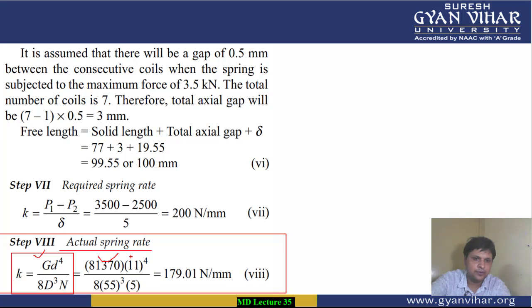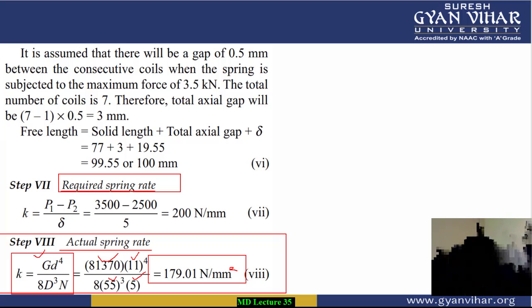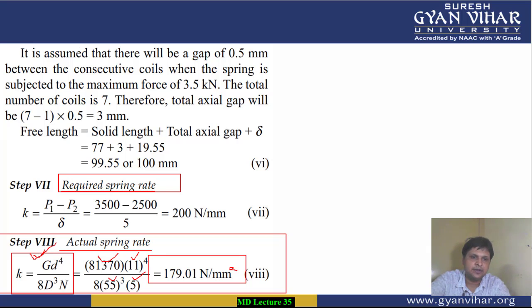Putting all those values, because we already till now have calculated all the values. So putting all these values, now we can get the value of actual spring rate. This is the required spring rate which we need. But actually the value of the spring rate as given by the values which are given in the question is this one. Alright, don't get confused.